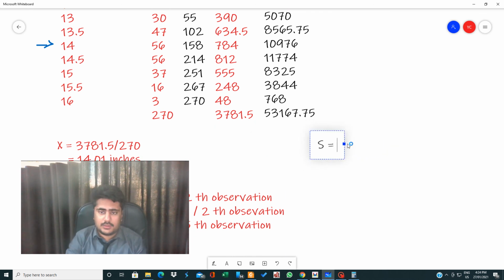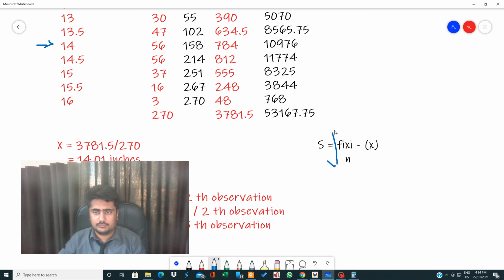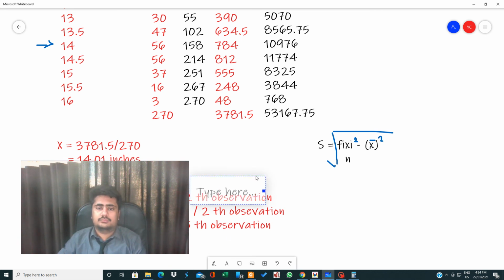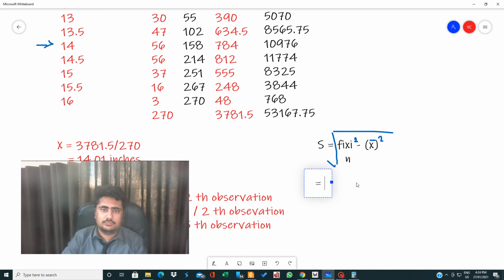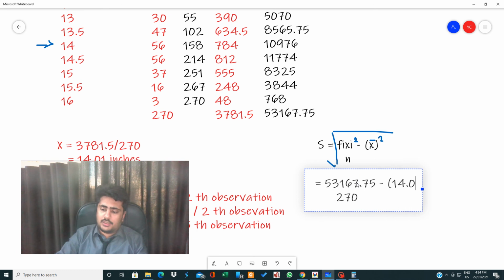Standard deviation is root of sigma fxi square upon n minus x bar whole square. Minus x bar, that is 14.01 square.